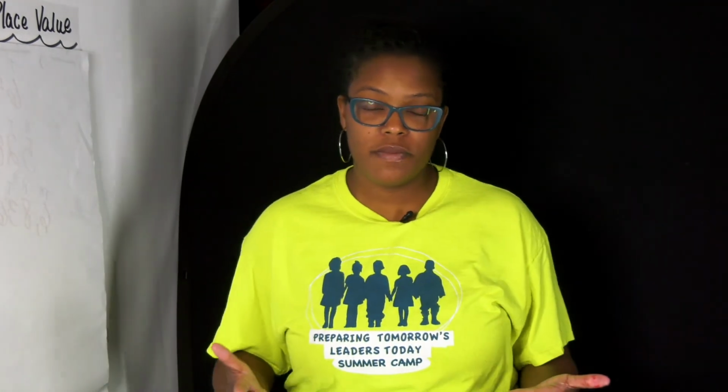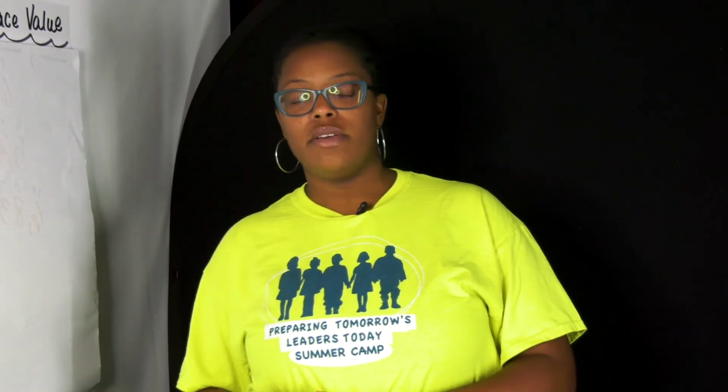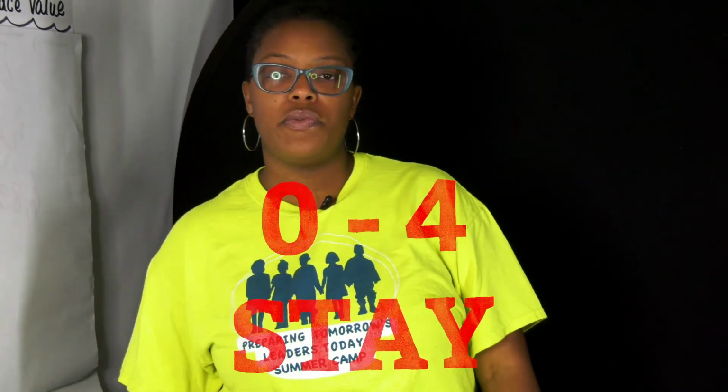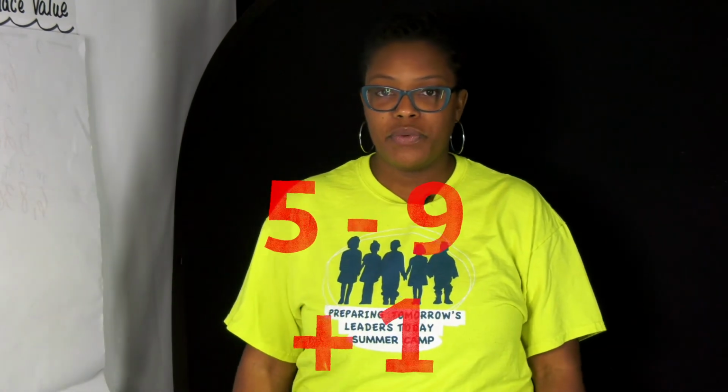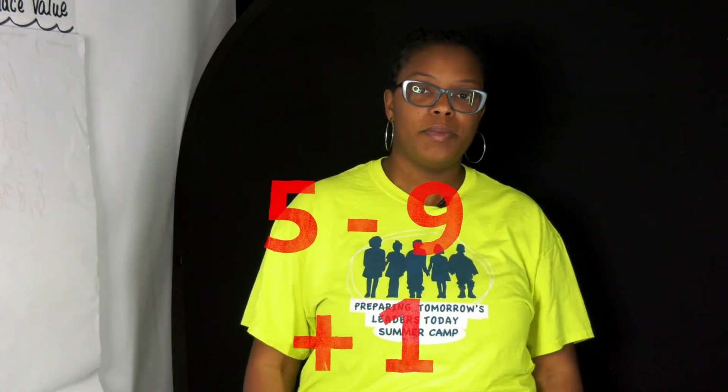The second strategy we used was our rounding triangle, and that's where we got our get it value from. So the rounding triangle, on the left side, any numbers 0 through 4, we stay the same. Any numbers 5 through 9, you add 1, okay?